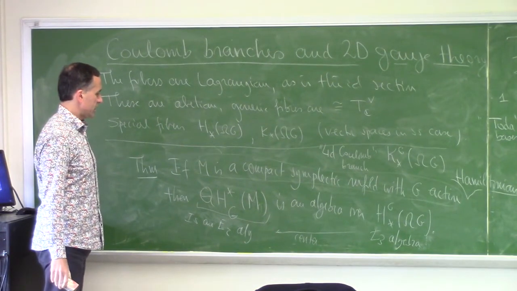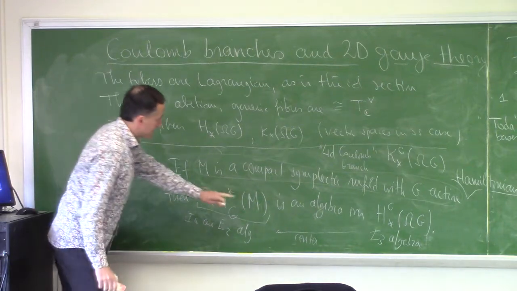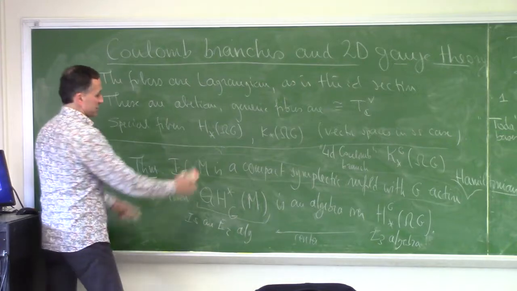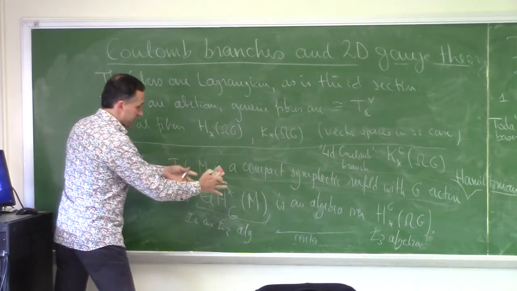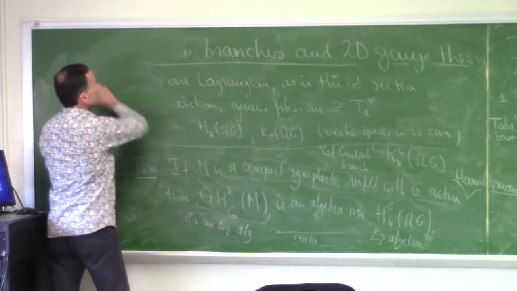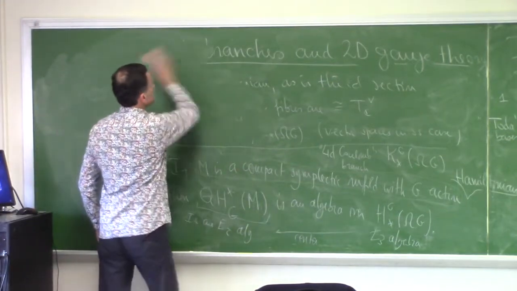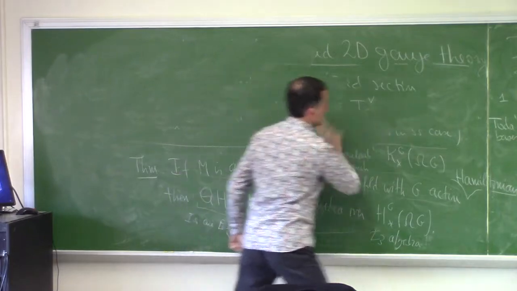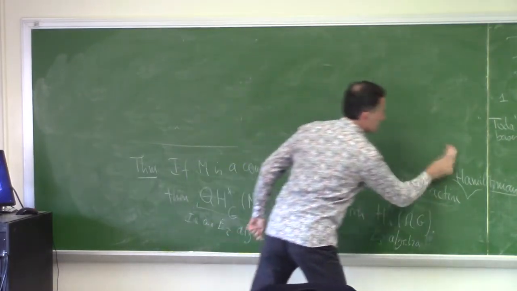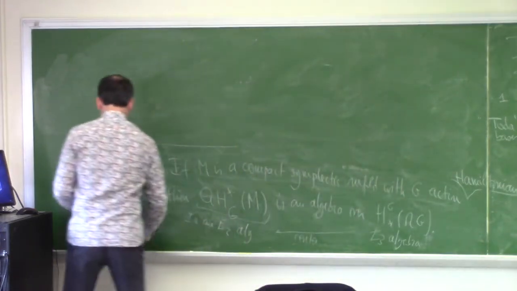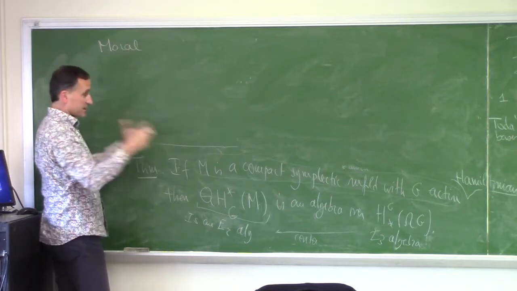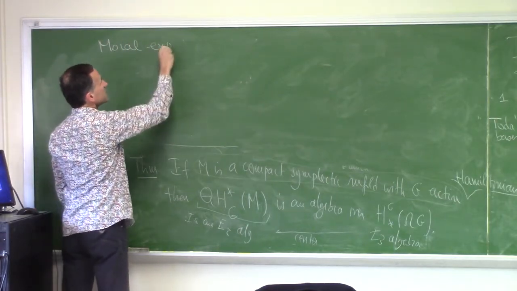So let me give, this will be the core of the characterization of the more general Coulomb branch. Let me give maybe a moral explanation of where this comes from. To give a moral explanation, it can be made precise, but that is how you make it precise.